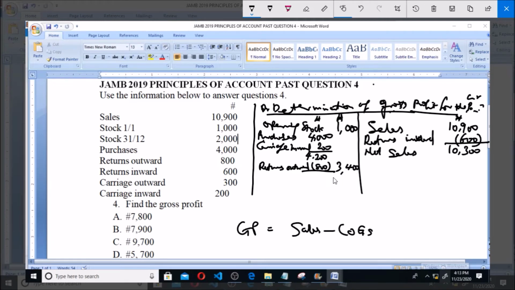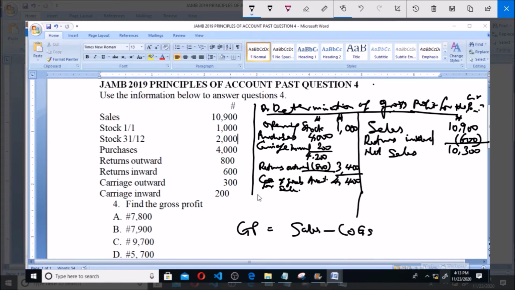This 3,400 will be added back to this 1,000. That will give us 4,400. This 4,400 is cost of goods available for sale.